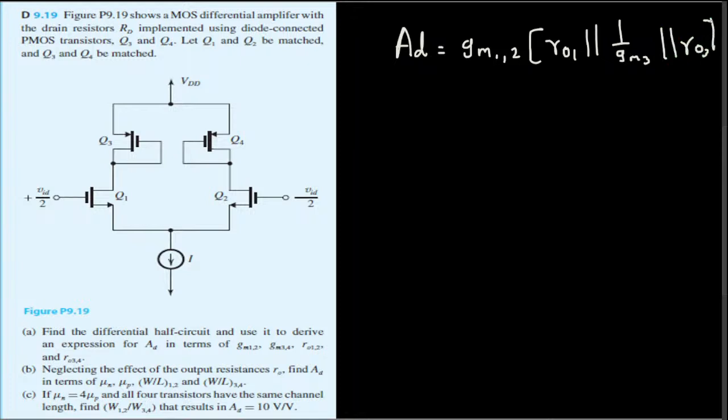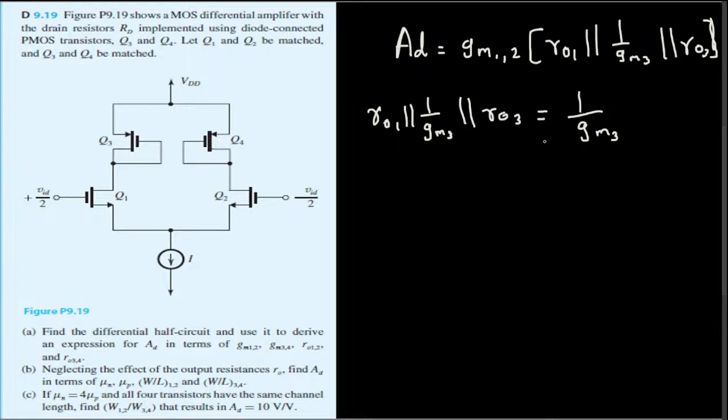Here one thing that is true is that GM3 is a very large number. It means this 1 over GM3 is going to be very small, and when we have parallel resistances, it's going to take the smallest value. So in these parallel resistances, RO1 parallel to 1 over GM3 parallel to RO3, the equivalent resistance is going to be 1 over GM3 since that's the smallest one.